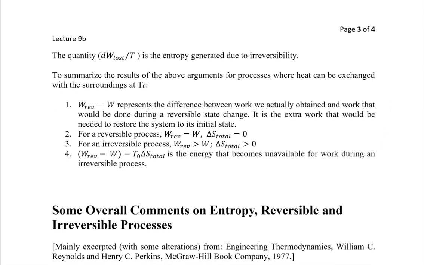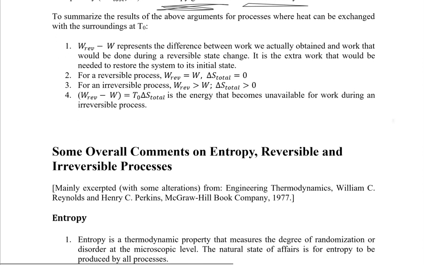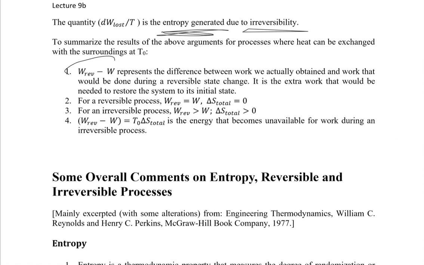So the quantity dW lost by T is the entropy generated due to irreversibility. If there is no irreversibility, there would definitely be no lost work. But if there is irreversibility, there would be some lost work. Summarizing, W reversible minus W actual represents the difference between the work we actually obtain and the work that would be done during a reversible state change.